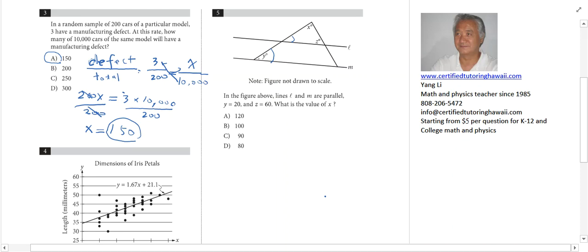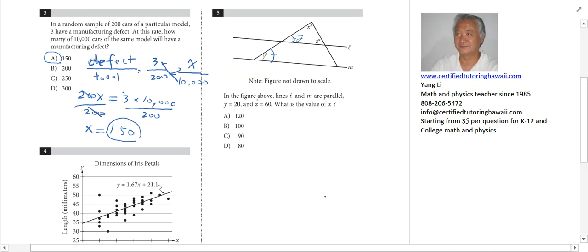If 2 lines are parallel, transversal by the 3rd line here, you will see that these 2 angles must be equal. So that means this is also y.